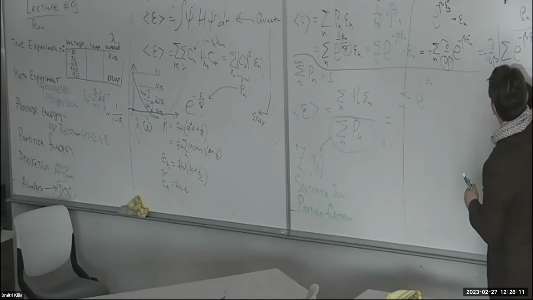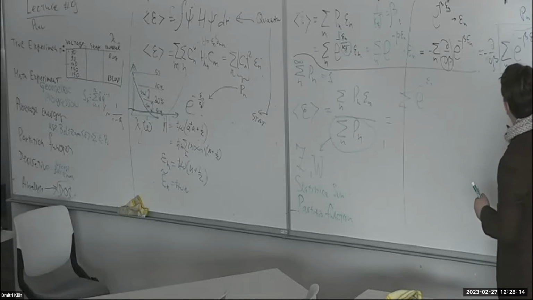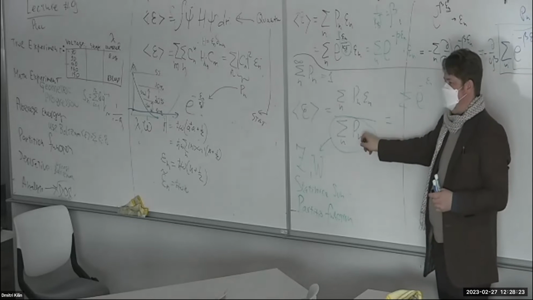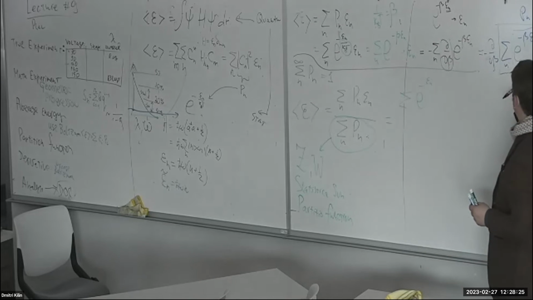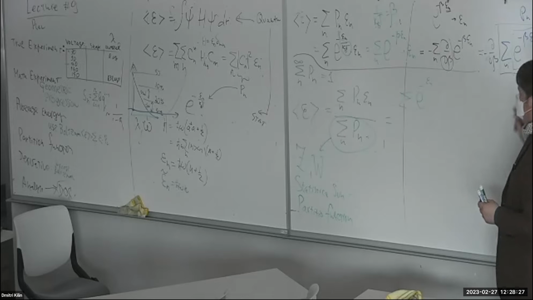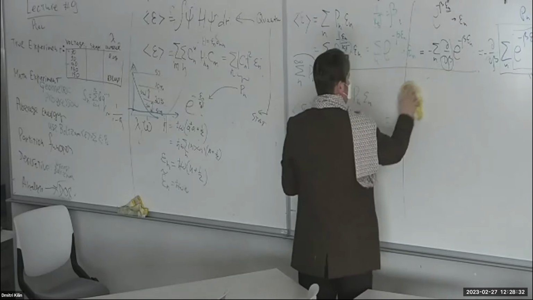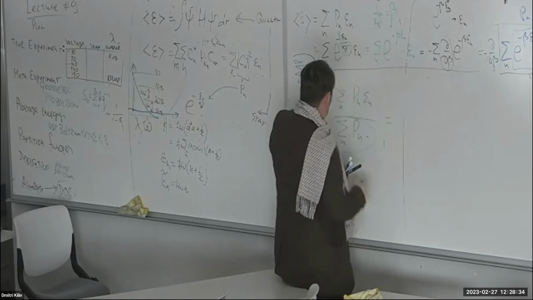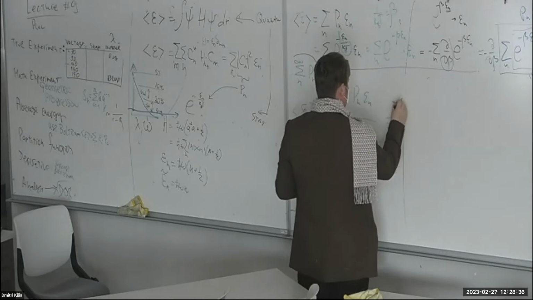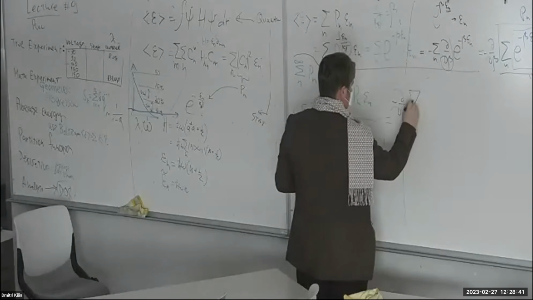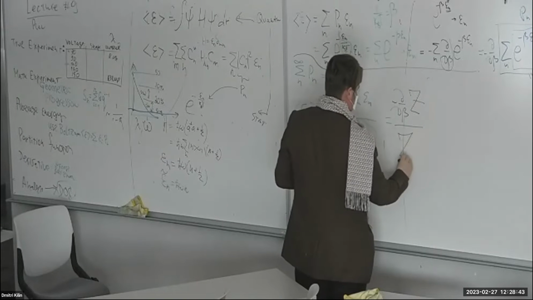Do we see a definition of this black box anywhere else on the board? So it's the partition function, right? So we do have the expectation value of a variable is minus d beta of the partition function divided by the partition function.